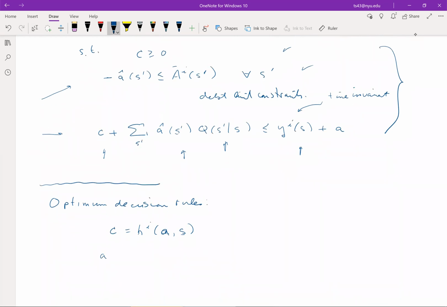And then portfolio choice is going to look like this. It's going to be a set of functions. It's going to map my current assets, my wealth level, the current state, and it's going to be a function that looks like this, A and S, and then it's going to tell me what S prime is.